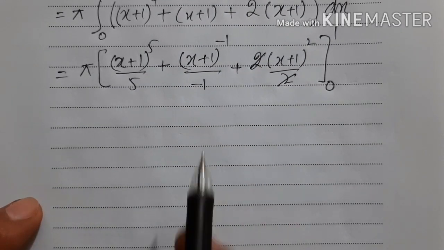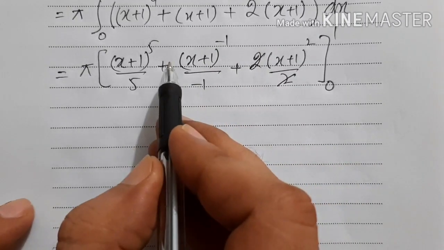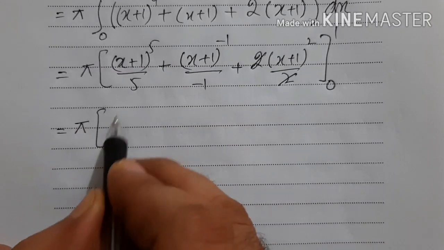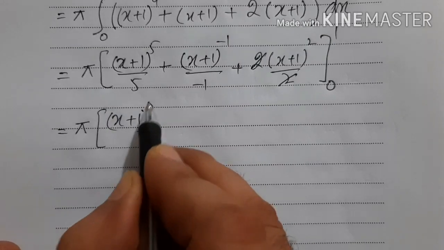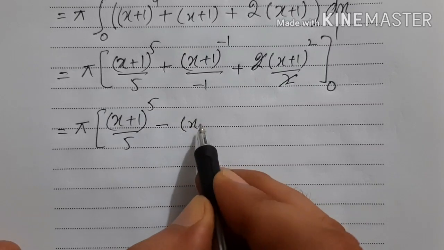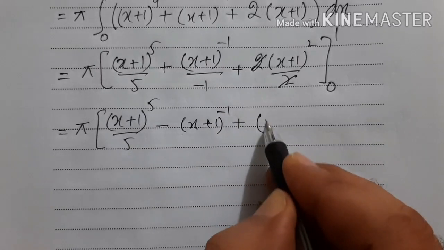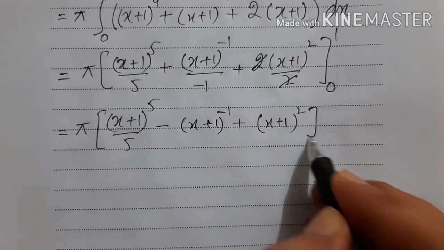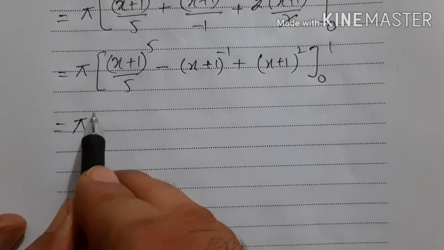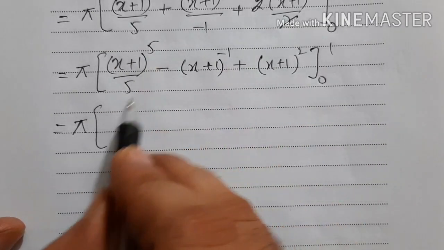So this minus will actually, okay, I can write one more step. So pi times (x plus 1) raised to power 5 over 5, this plus minus minus (x plus 1) raised to power minus 1, plus (x plus 1) square, from 0 to 1. I'm going to put the limits. First of all, I'll put 1 in all places of x.